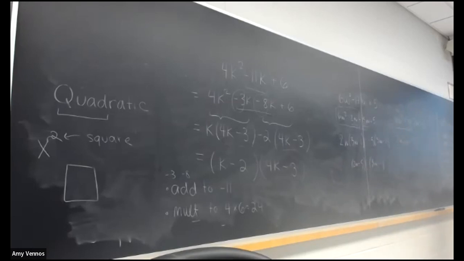Minus 5, good. And what should I factor out of 2W plus 5? Negative 1. And what I'm left with is 2W minus 5, right? Finally we get 3W minus 1 times 2W minus 5.